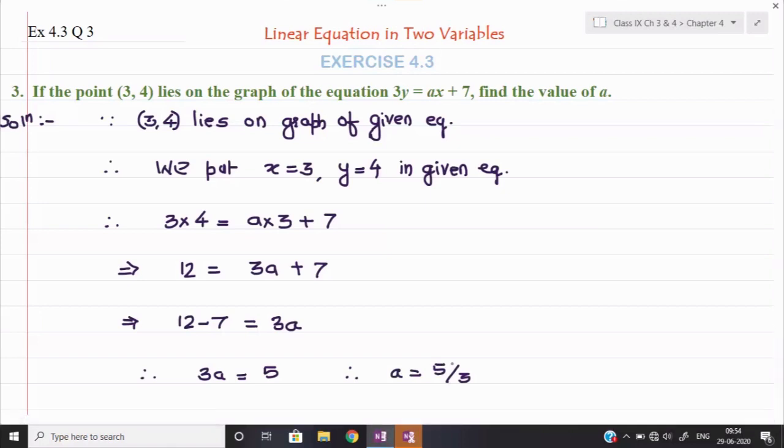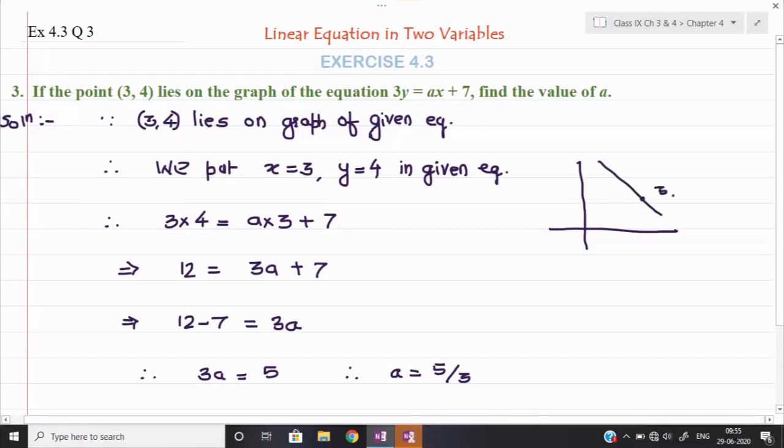Once you check the question, if you have any confusion we can discuss it once again. See what we have done so far. First of all, (3, 4) was given to us. It lies on the graph of the given equation. So remember, suppose I draw this linear equation onto the graph paper, this is my coordinate plane, and if I draw the graph, it comes like that. So there is one point (3, 4) that lies on the graph of the equation.